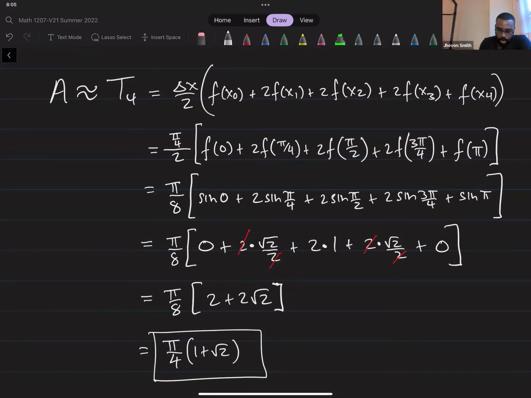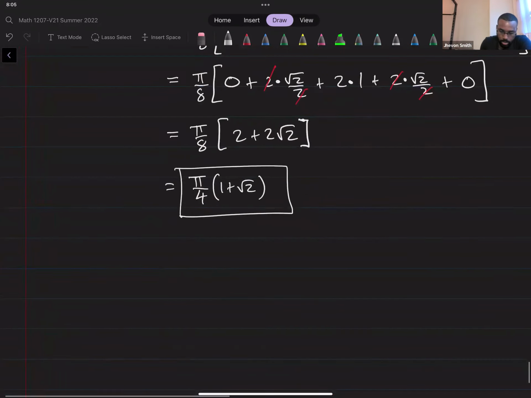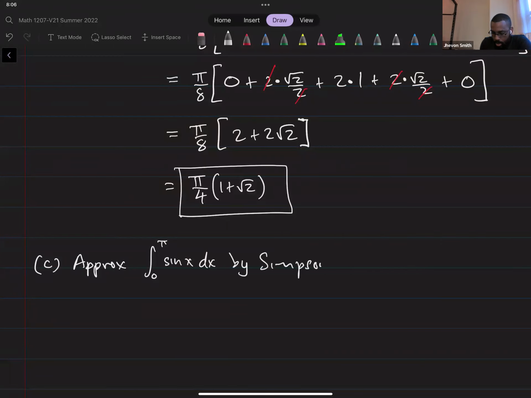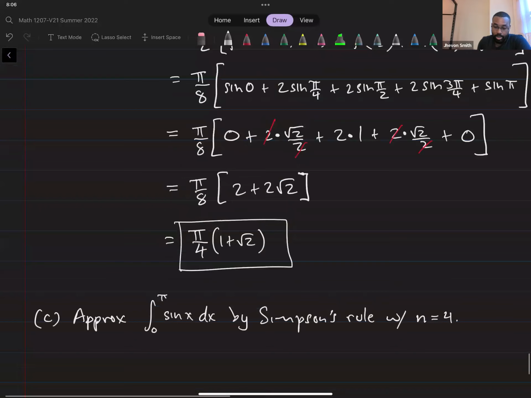So now we are going to approximate the integral from 0 to pi of sine x by Simpson's rule with n equals 4 when we return. So we're going to take another break. Maybe you can even think about doing this.